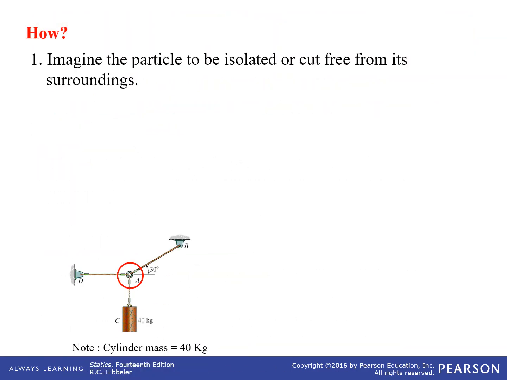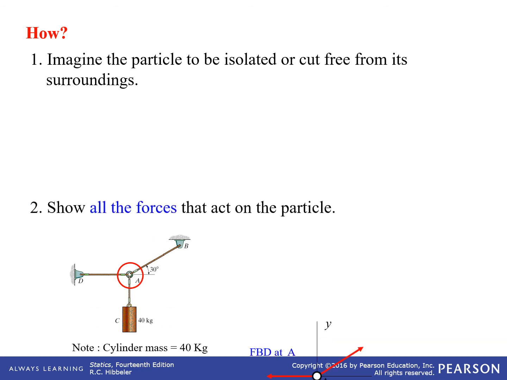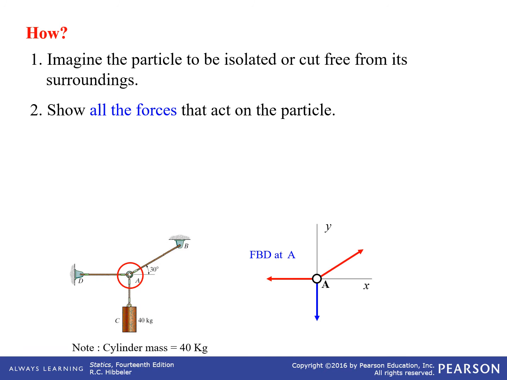So how do we do it? If you imagine in this particular case, we'd be doing a free body diagram at A. Now sometimes with some systems, depending upon how complex they are and how many unknowns, you might have to do this more than once. But if we consider point A and cut it out from its surroundings and figure out what forces are acting upon it, that's what you get.